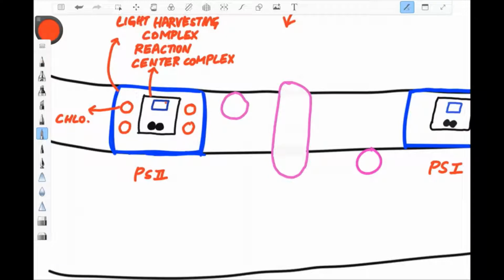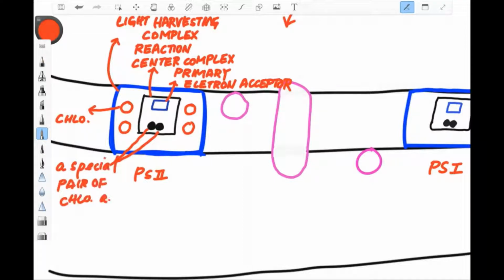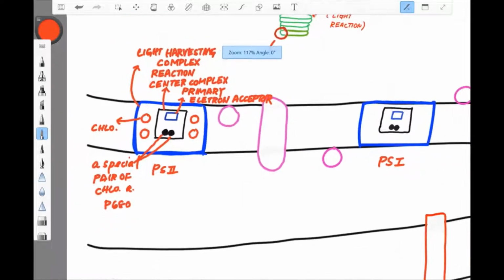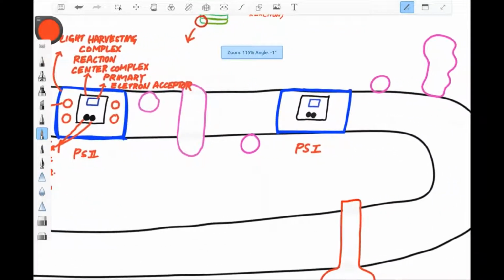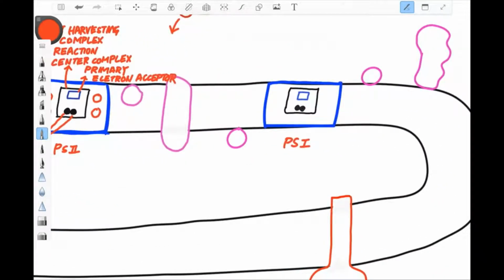Inside the reaction center complex, there is a structure known as the primary electron acceptor that accepts electrons from a special pair of chlorophyll A. Each one of the chlorophyll A in the special pair in PS2 is also known as P680, whereas the chlorophyll A in PS1 is also known as P700.